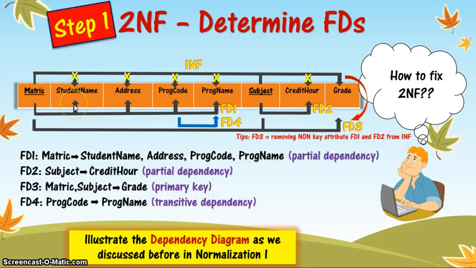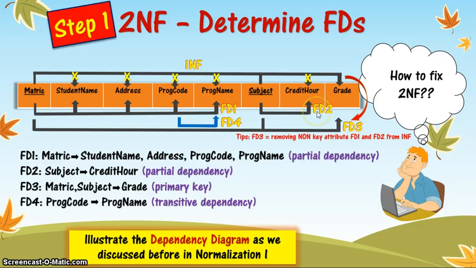Student name, a non-key attribute from FD1 and FD2, you slash it here. Address, slash it here. Prog code, slash it here. Prog name, slash it here. This is FD1.